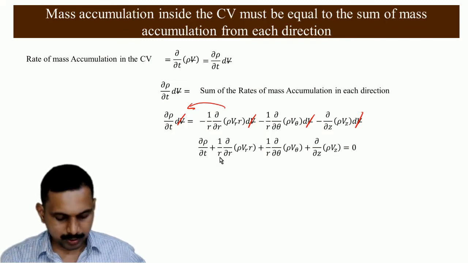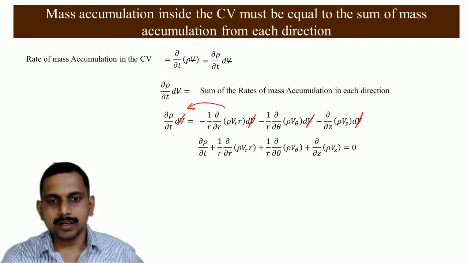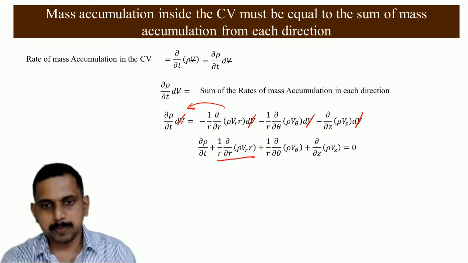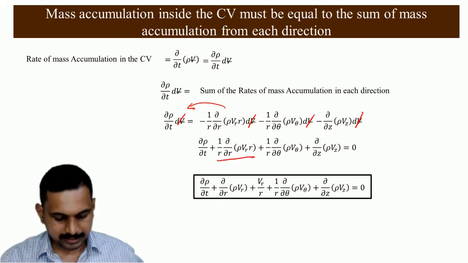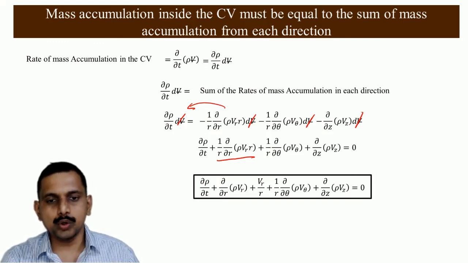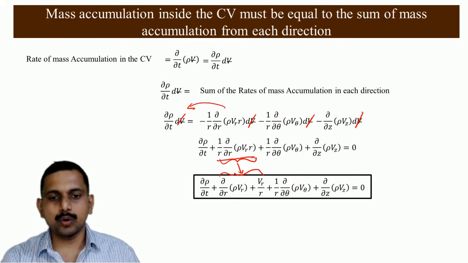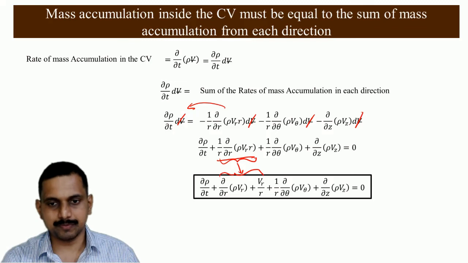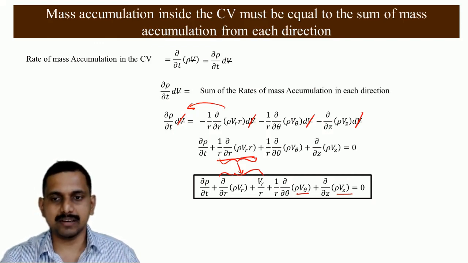Now we will just expand this. When we expand that, we get this continuity equation as ∂rho/∂t plus ∂/∂r of (rho Vr) plus rho Vr/r, this is an additional part which comes, plus 1/r ∂/∂θ of (rho v theta) plus ∂/∂z of (rho Vz) is equal to 0.